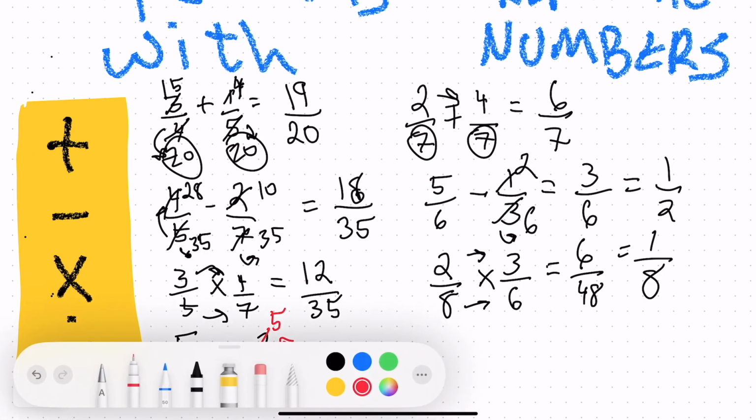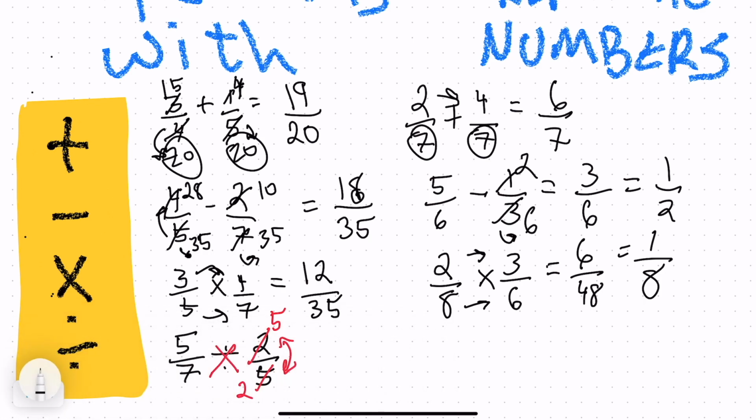All right, now let's go back and solve it. Now we have a multiplication problem, and all we have to do is do 5 times 5, which is 25, and 7 times 2, which is 14.